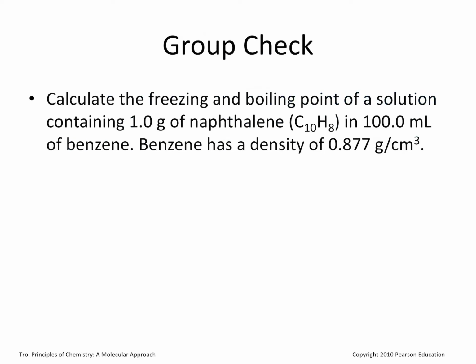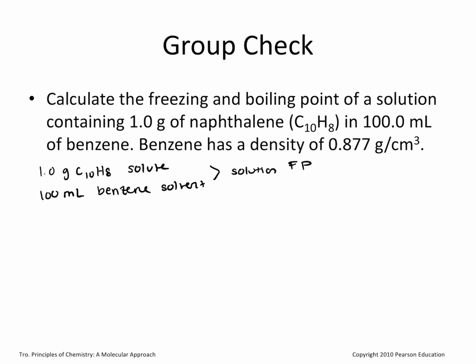The 1 gram of naphthalene is your solute, and the 100 milliliters of benzene is your solvent. The two together are your solution.